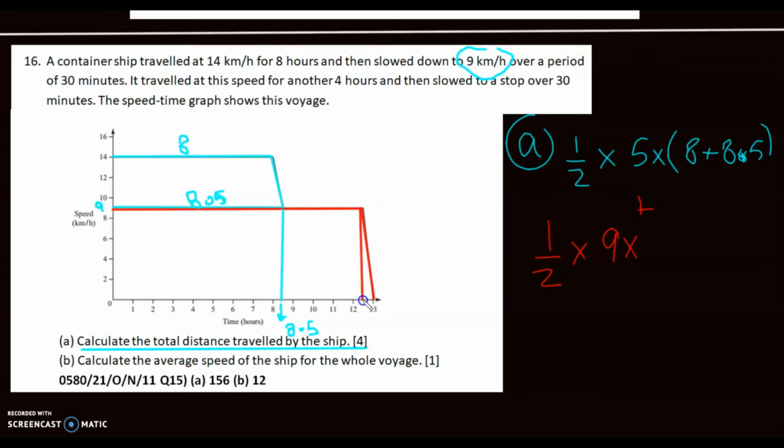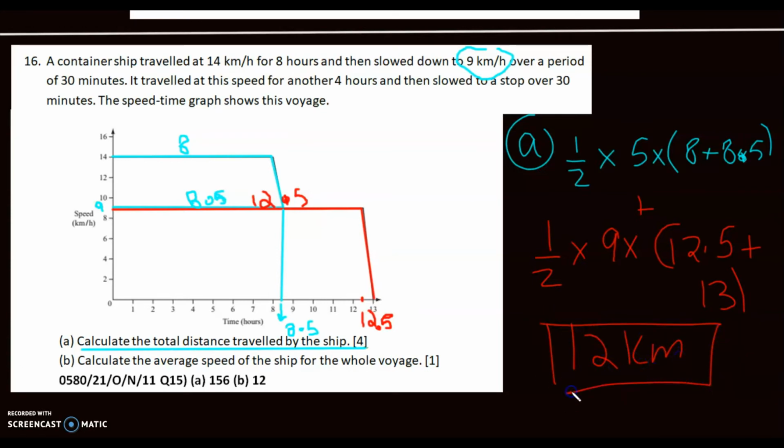So the upper parallel length is 12.5, and the lower one is 13. So it's not so bad to read the whole question before jumping to the solution. Plus 13, the lower parallel length is 13. Find this product and you should get 12 kilometers as the final answer.